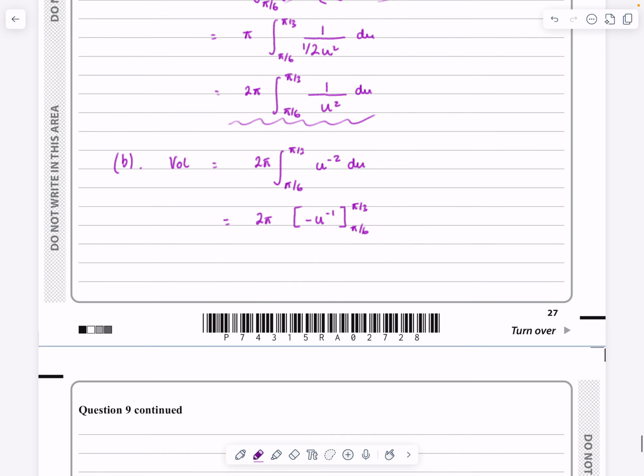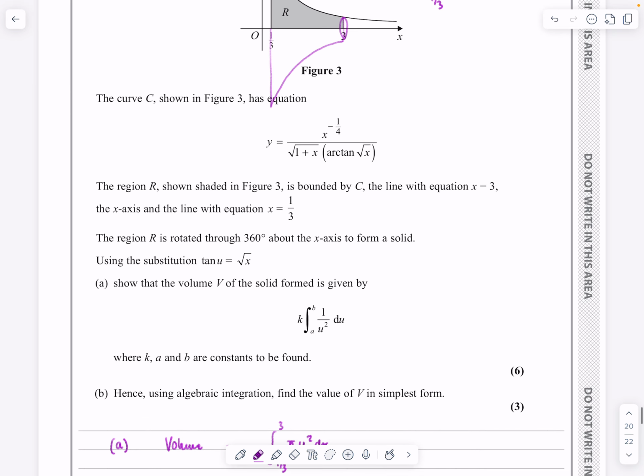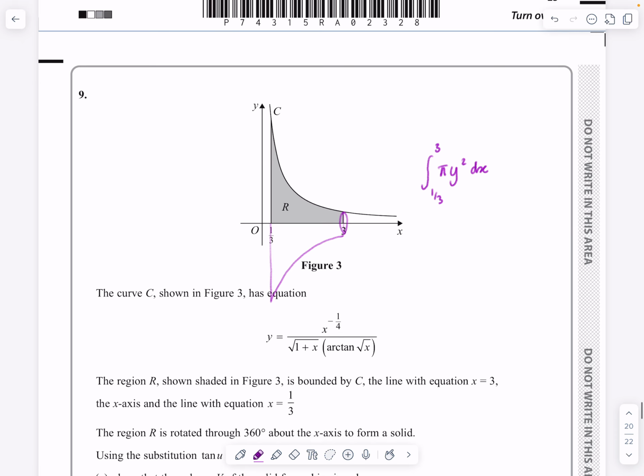So if you then put that in, that's 2 pi, and that becomes minus 3 over pi, minus minus 6 over pi. And if you tidy all that, you can work that out for yourself, but the pi's cancel. We actually get that really neatly working out to be equal to 6. So find the value in its simplest form: 6, so that is in its simplest form.